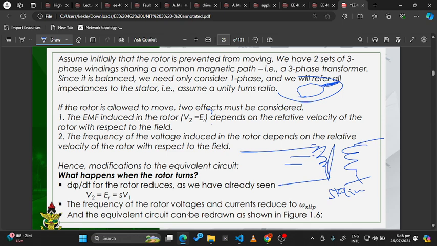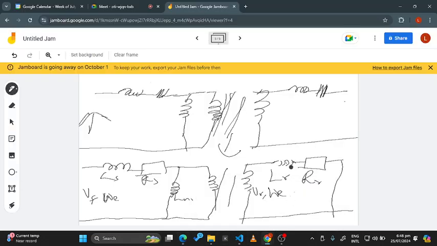Then omega slip is no longer equal to omega E. The moment the rotor begins to move, omega slip is now equal to omega E minus omega. So now the frequency of the voltage induced in the rotor depends on the relative velocity of the rotor with respect to the field.